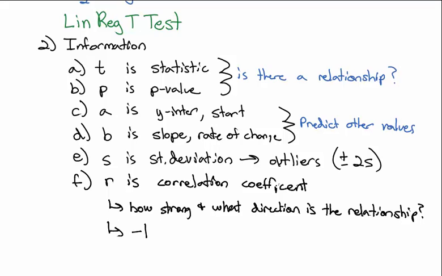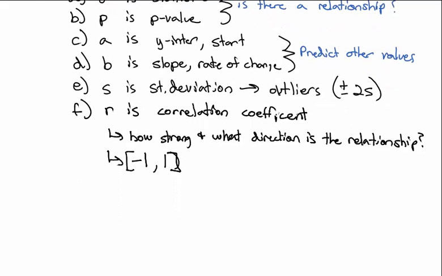R will be a value between -1 and 1, inclusive. Negative means a negative slope.